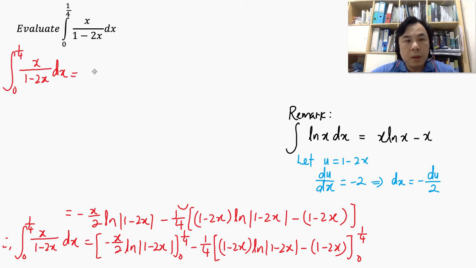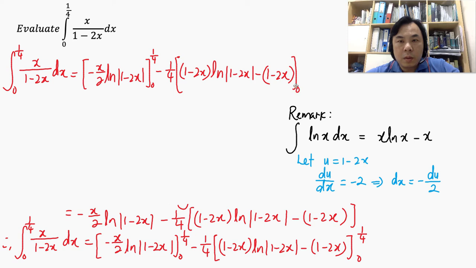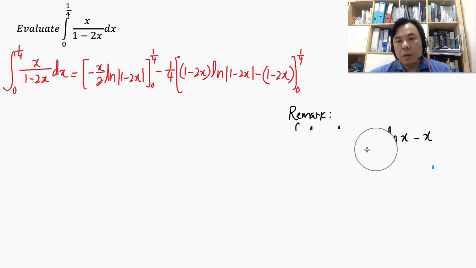It can be given by negative x over 2 ln 1 minus 2x, subtract off a quarter. It's a long expression here. Okay, there you have it. Let me clean up the rest.